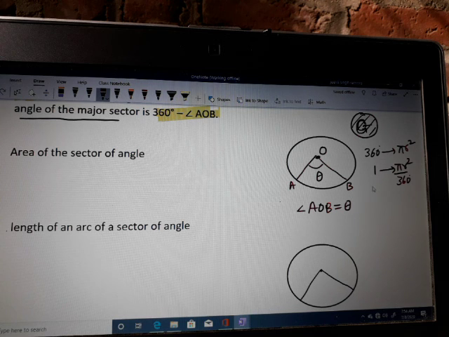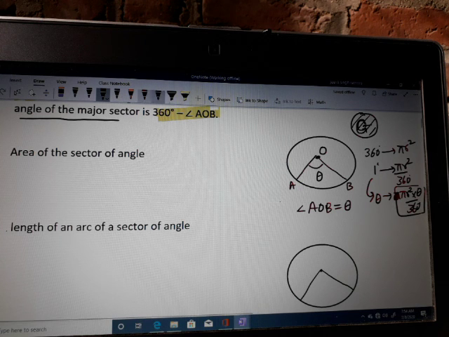And if you want to find theta angle, 1 degree, theta degree, equal to pi r square into theta upon 360 degrees. This is the area of the sector, given by theta upon 360 into pi r square.